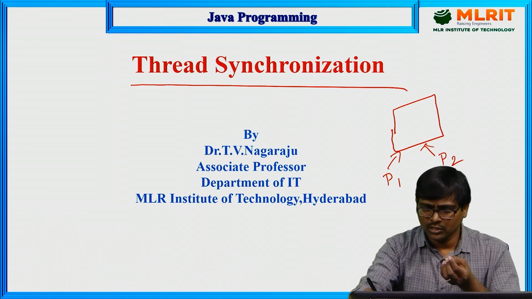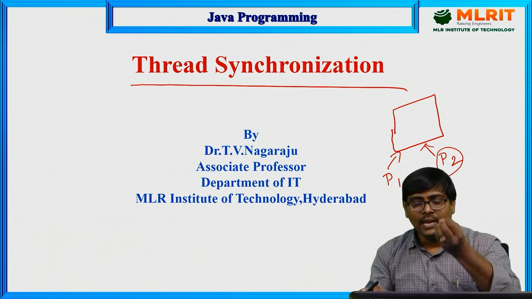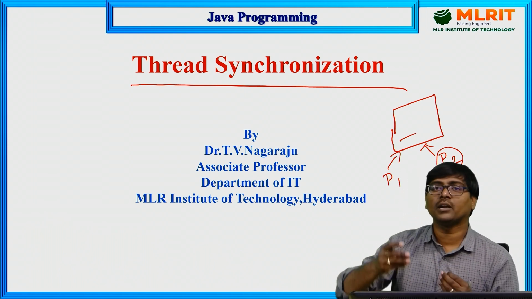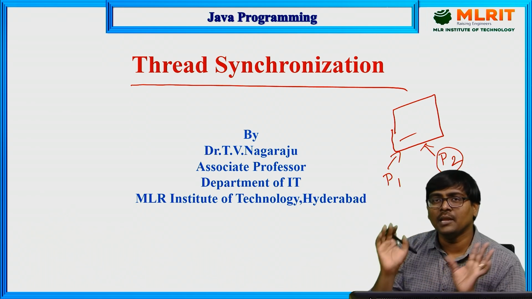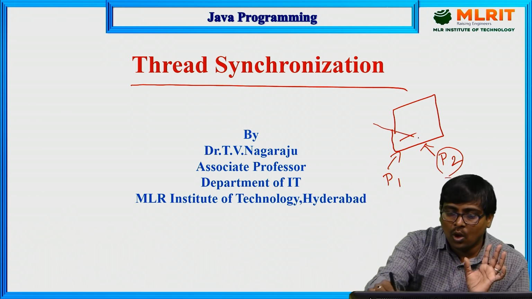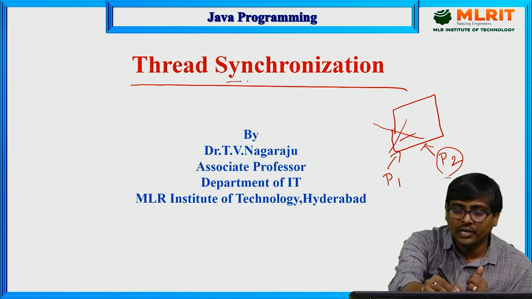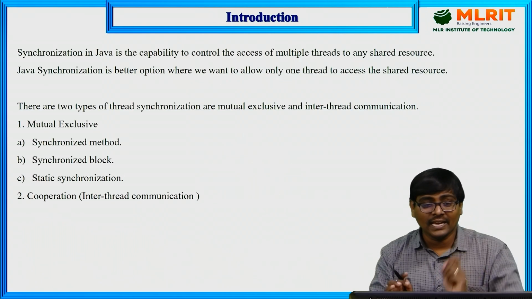Why? Suppose P2 wants the original value. In the meanwhile, P1 updates the value, and P2 gets the updated value but assumes that this is the original value. So the results are completely modified. In order to avoid such problems, we move into synchronization. Now, what is synchronization?